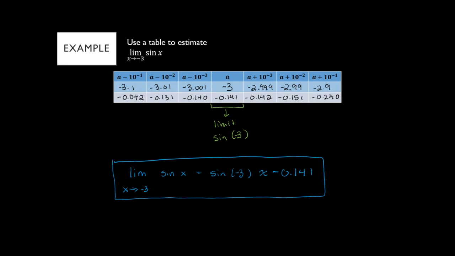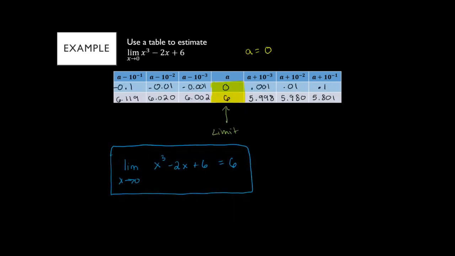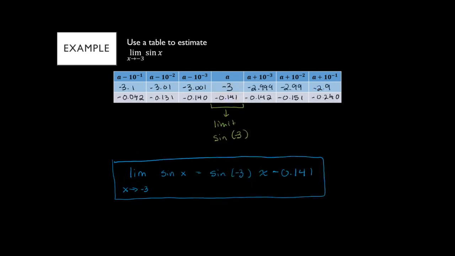Now we had an example earlier where we actually had the exact value of the limit. That was when we were looking at the polynomial. And I didn't bother writing the plugging in. It's just a whole number there. So I just put, okay, it's equal to 6 because we got a whole number. But in this case, it's an approximate value. We have a rounded value, but it is simply just sine of -3.